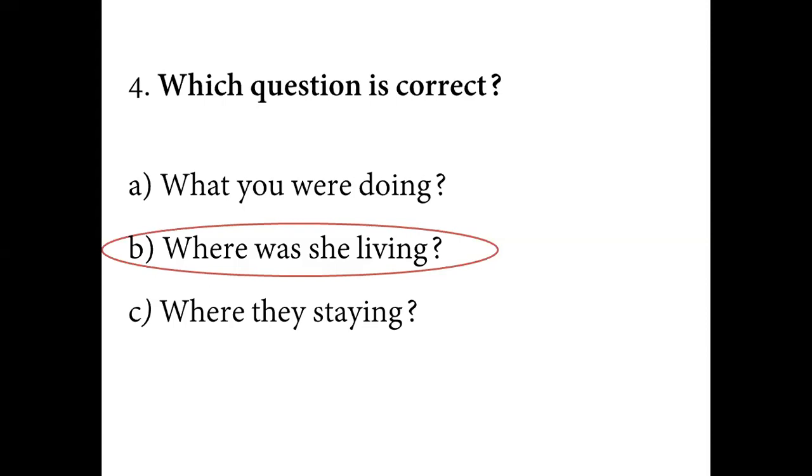Where were you going? I cannot shift or swap both of them. I can't say what you were doing. This is A. Here, there is a mistake. I should say, what were you doing? So that's why the correct answer is B, not A.